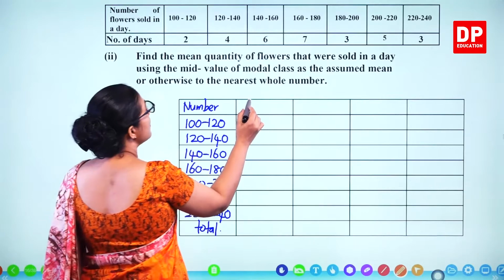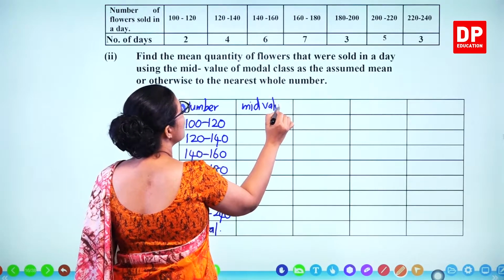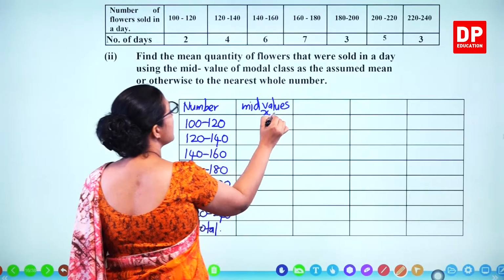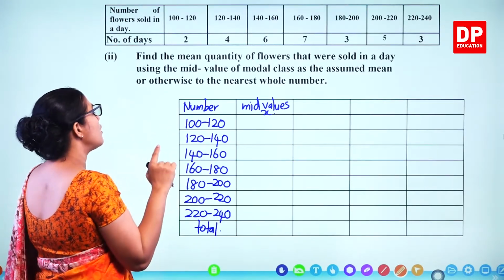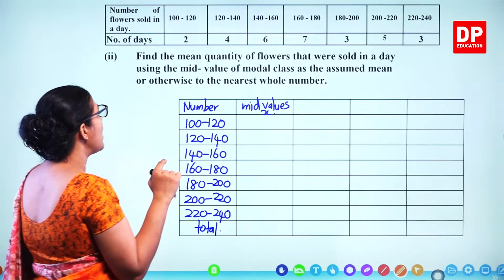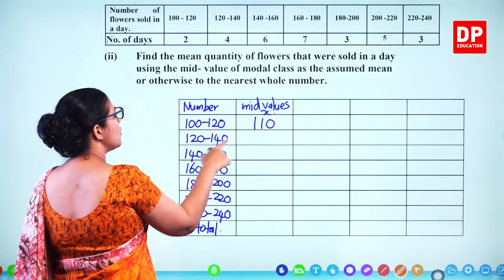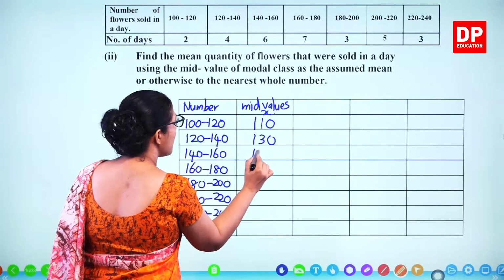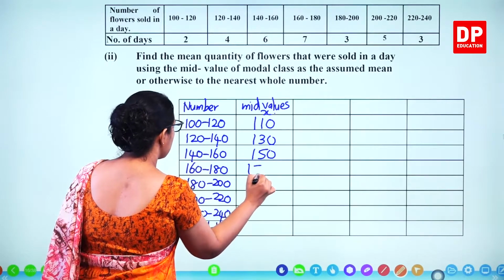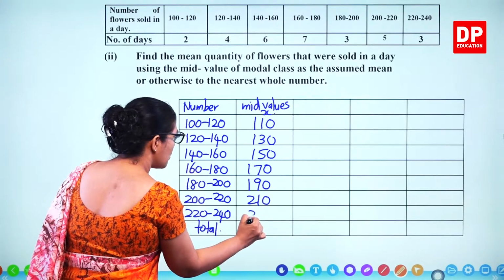Now we'll calculate the mid values. So how do we find out the mid values? We'll take x, add and divide by 2. 100 plus 120, 220 divide by 2, 110. So that means adding 10 to the lower boundary. So this becomes 130, 140 plus 10, 150, 170, 190, 210 and 230.